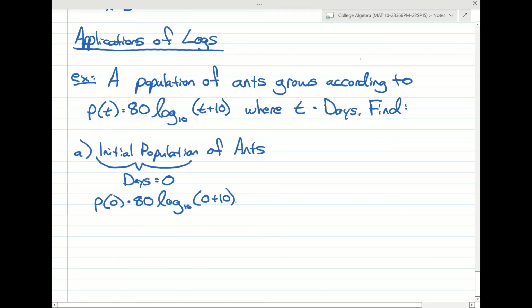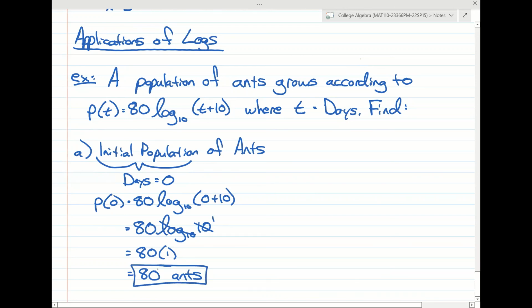I don't even know if we need a calculator for this particular example, because what happens when we have log base 10 of 10? They cancel, right? And you just keep the power, which in this case is 1. So 80 times 1 will just be 80. So for this equation to be true, you have 80 ants.